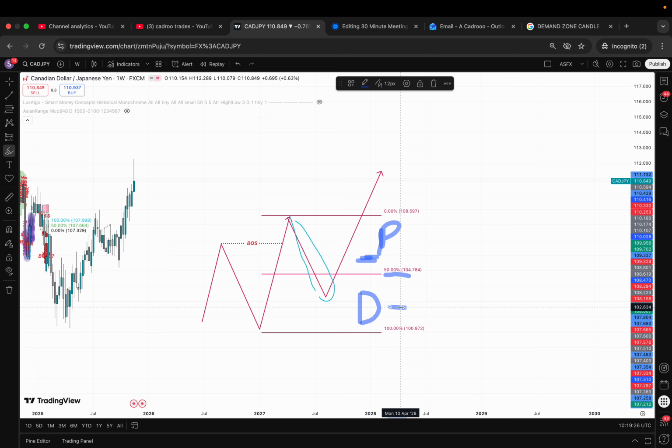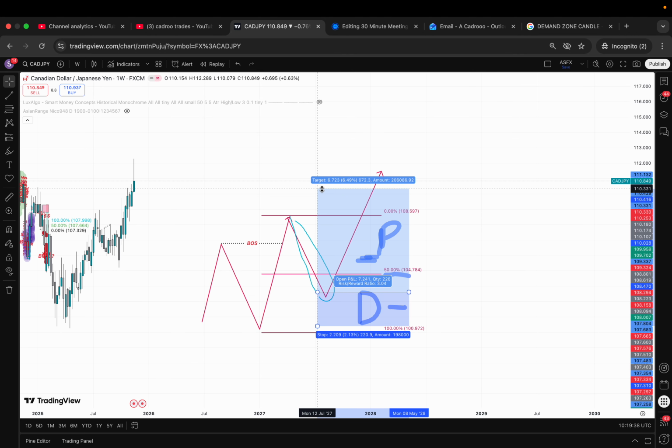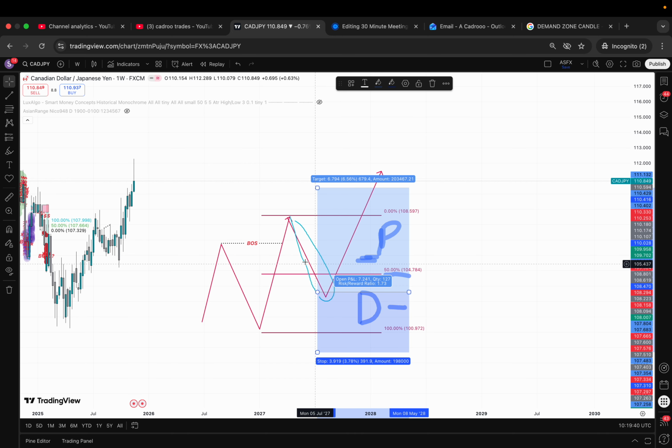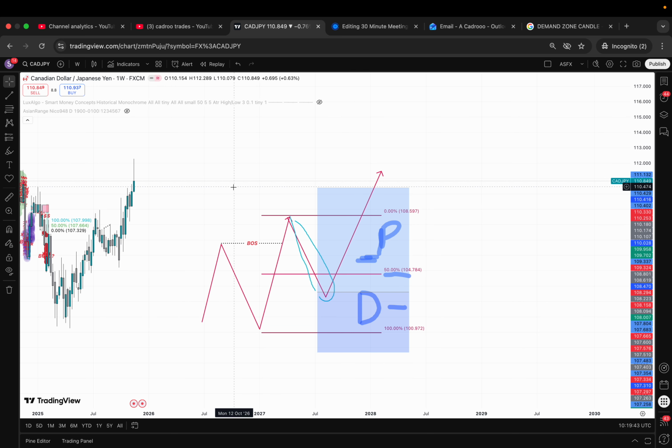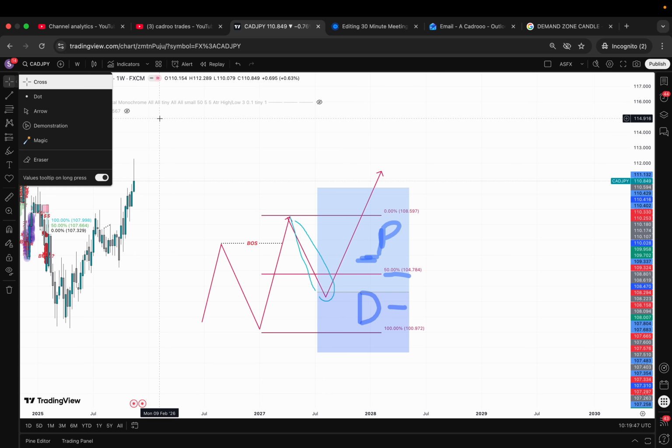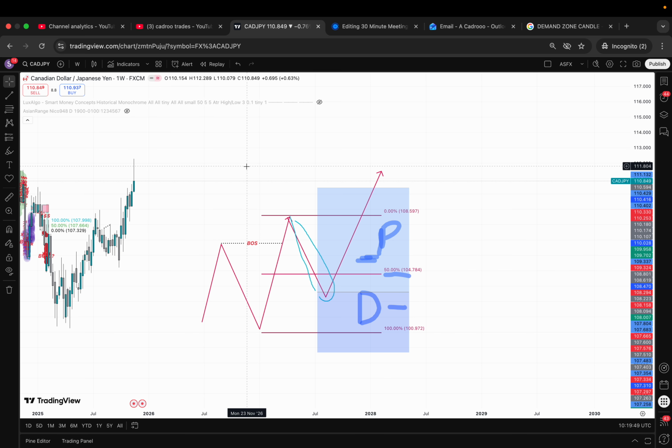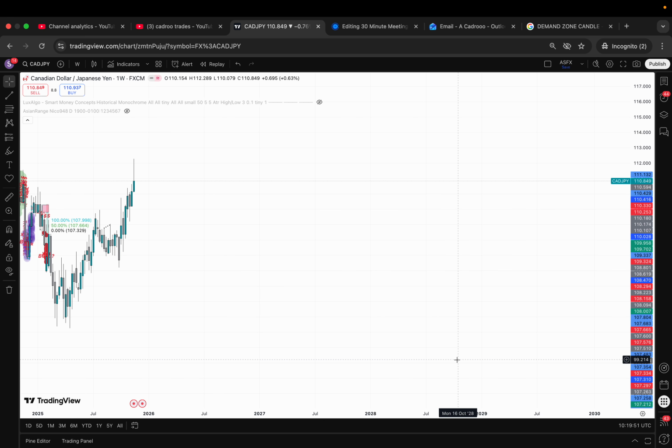Okay, so whenever price is in the discounted zone, you're not just meant to put your long position and just buy. There are certain criteria you have to follow before you take a trade. Okay, I'm giving you guys a checklist here.